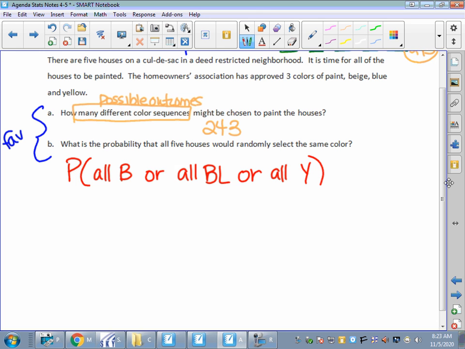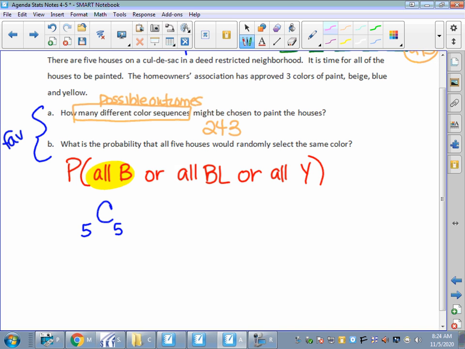So let's just focus on one thing at a time. What's the probability that all of them are beige? Interesting question, right? Well, it's a combination because it doesn't matter who gets painted what. How many houses do we have to choose from? And how many are getting painted? 5 houses to choose from, and all 5 are getting painted.